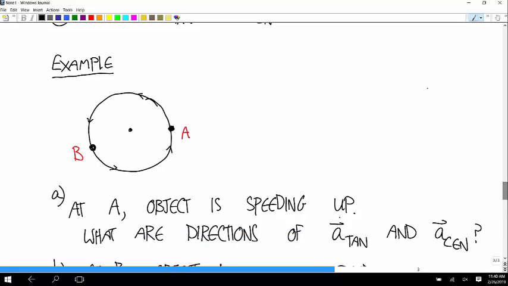Okay, so I'm going to do it up on this figure. At the point A, the velocity vector is tangent to the circle in the direction of motion, like that. It says that it's speeding up, so the tangential acceleration is in the same direction as the velocity.